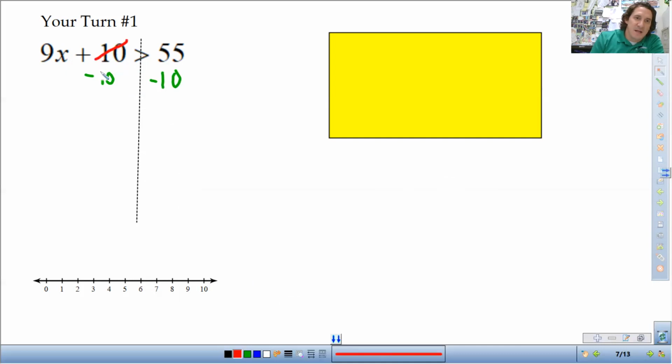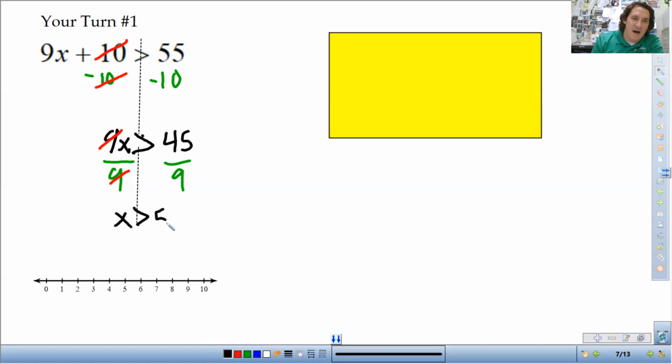Plus 10 minus 10 eliminates. I get 9x is greater than 45. Then I'm going to divide by 9 to eliminate the 9. So that cancels out. I get x is greater than 5.